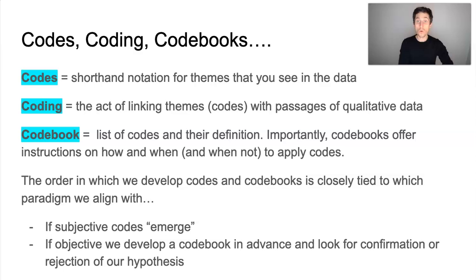So by codes, a qualitative scholar means a way in which we can note a theme that appears in our data. Theme here we can also think of as a set of patterns. But essentially what we're going to do is apply codes, the process of coding, by going through passages of the text or the data that we've collected.